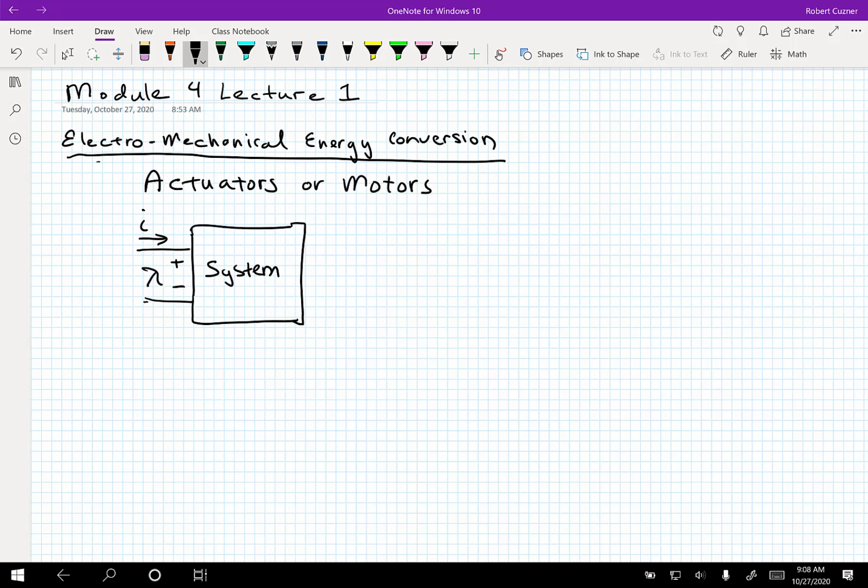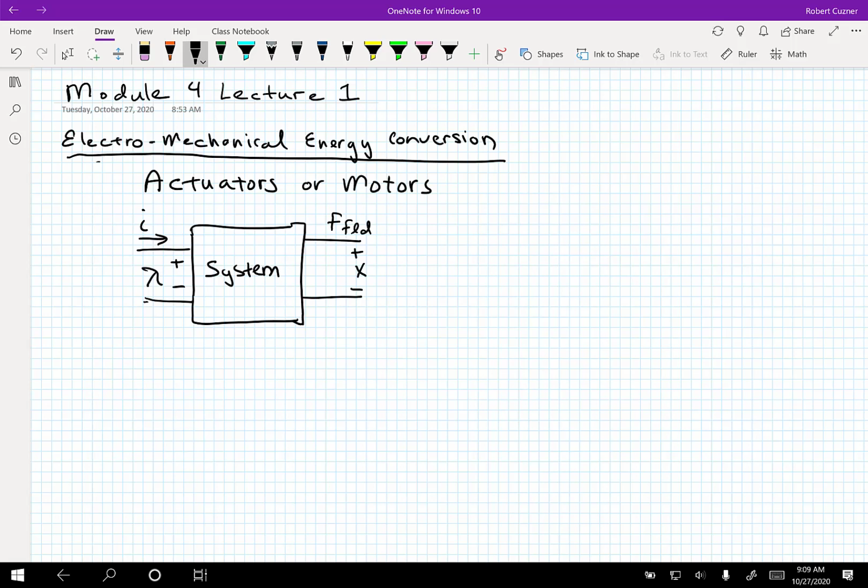And what I'm getting out of that system is a force, and we call this, to match the textbook, force of the field. It's not a force field like Star Trek. It's the force of the field. And it produces motion, so position, movement in the x-axis.